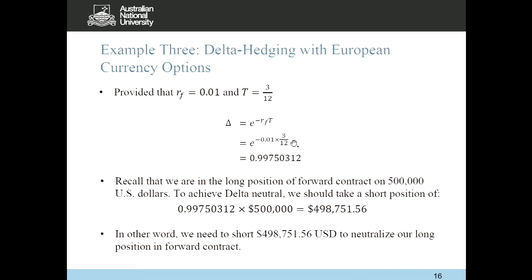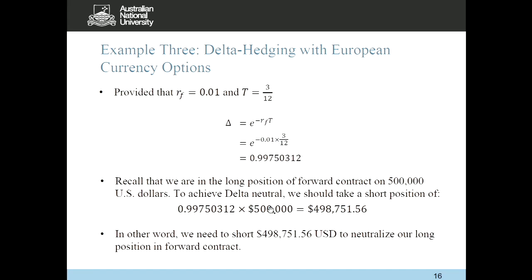and not surprisingly, we're getting a delta that's slightly less than 1, which suggests that we don't have to hedge the full amount of delta. We just need to hedge the amount that's slightly less than 1, because we can always reinvest the foreign risk-free rate income back in the foreign currency.